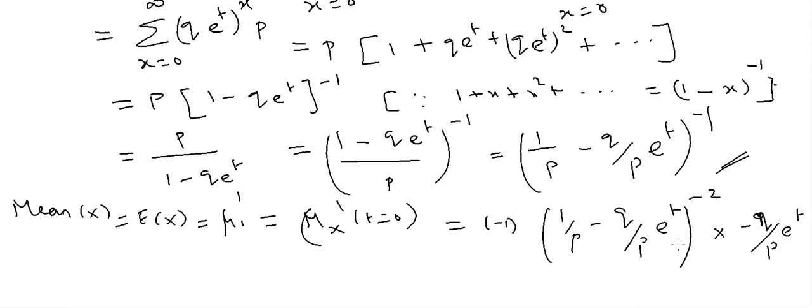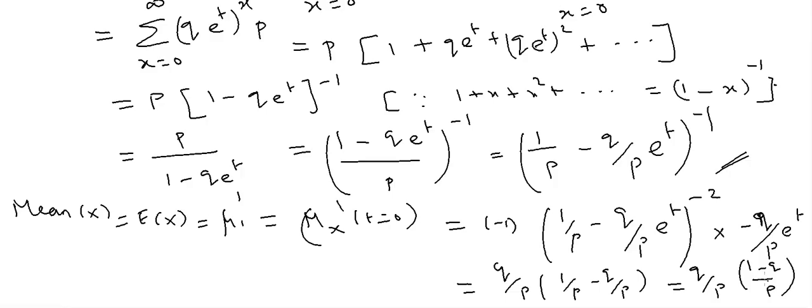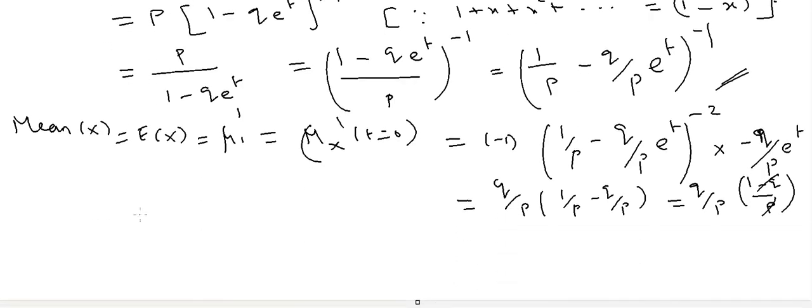So minus of minus plus, q by p is outside, and inside 1 by p minus q by p. When you take p as LCM, q by p, 1 minus q by p, 1 minus q is nothing but p, these two are cancelled. So finally, what is the mean?